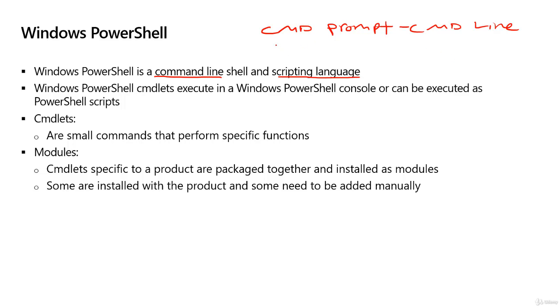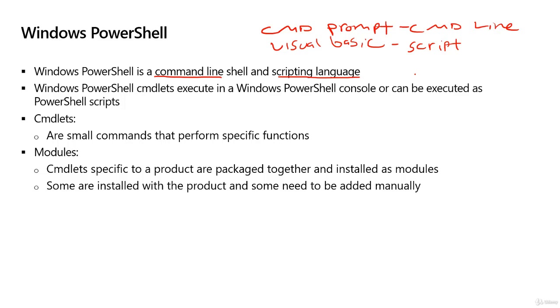Scripting, we had Visual Basic. Now, there are lots of different scripts you can use, but we'll just reference Visual Basic. That is a true script language. That is not a command line utility. You don't go to Visual Basic and type individual commands, and you don't go to the command prompt and build complex scripts.